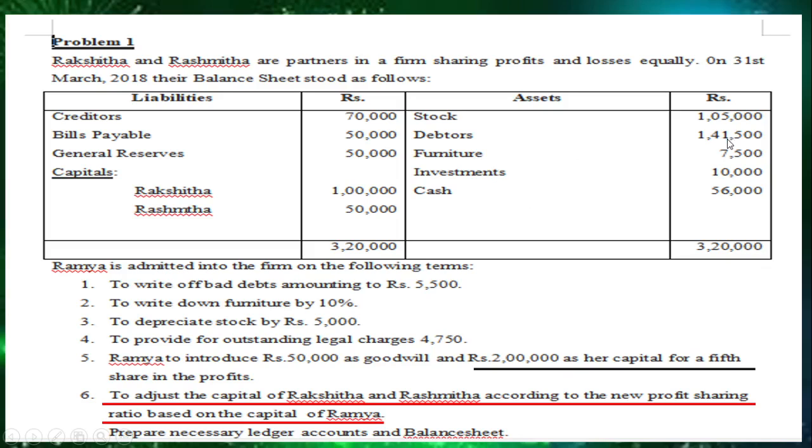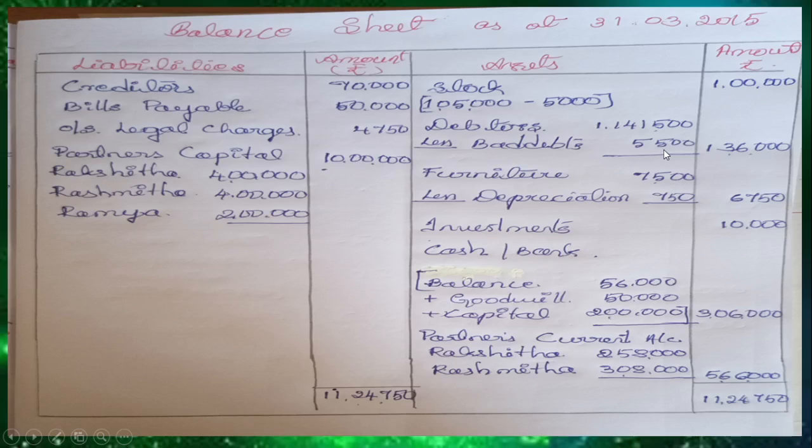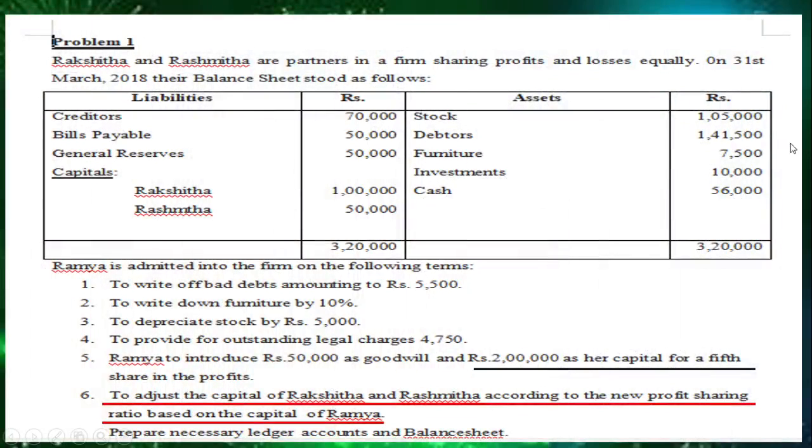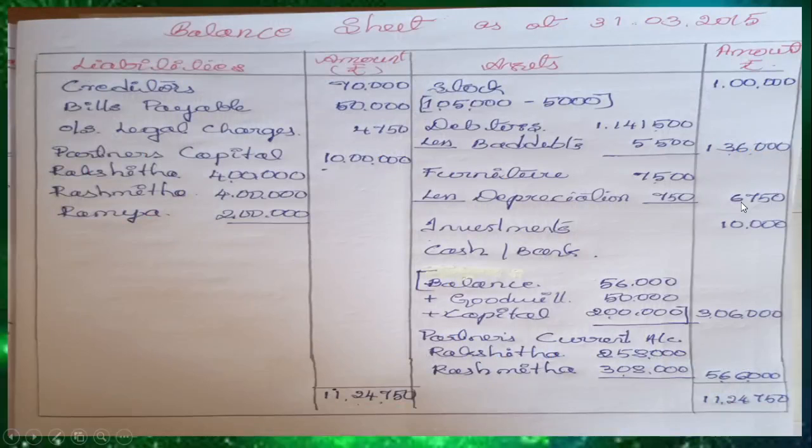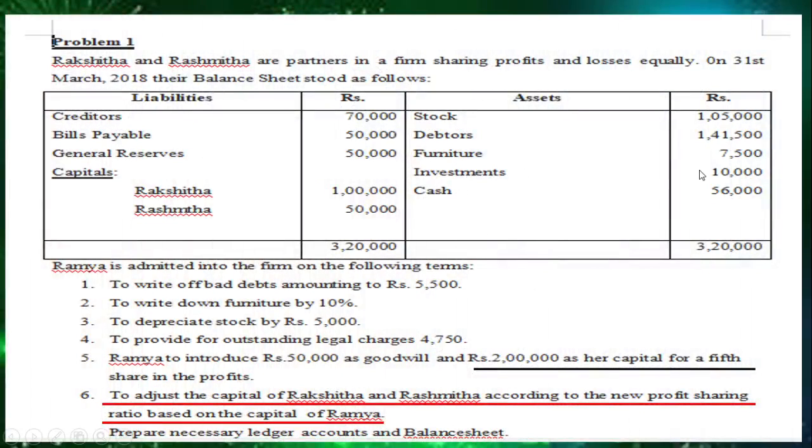Debtors 1,41,500 less bad debts 5,500, so the remaining balance is 1,36,000. Furniture 7,500 less depreciation 10%, 750 rupees, so the remaining is 6,750 rupees.